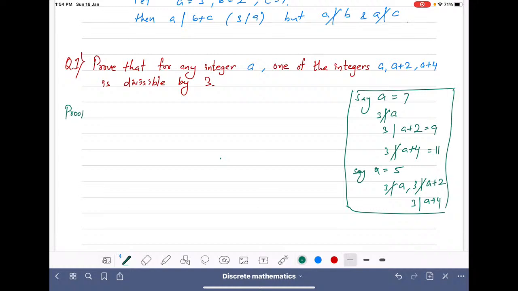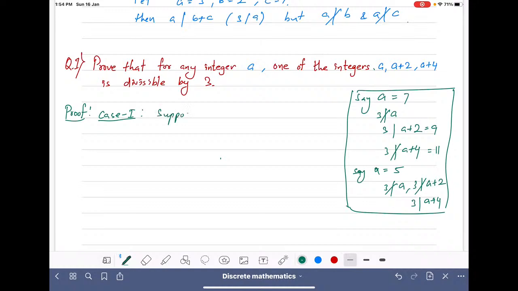Proof. There will be three cases. We will take any of these three, say a, then a plus 2, then a plus 4, and say they are not divisible by 3.